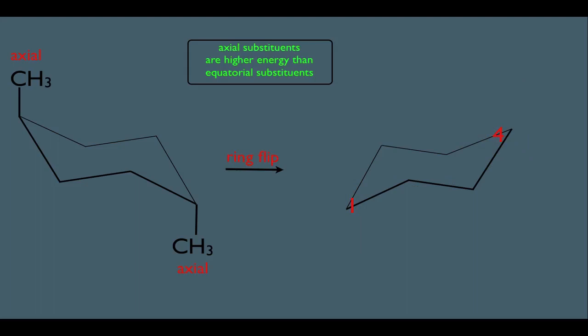Which means here on carbon 1 and 4, the methyls would convert to their equatorial positions. Which tells us that the conformation on the right here would be the correct answer to the original question. This is again why it doesn't matter if you put the substituents axial or equatorial, because in your conformational analysis, you're most likely going to ring flip it anyways to make sure that you got the most stable conformation.